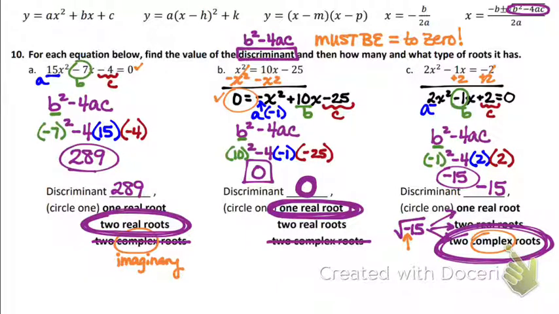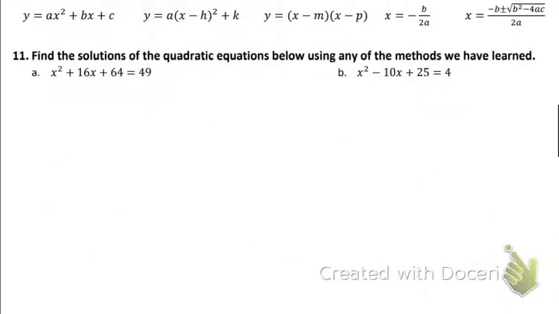Number 11. You can solve this using any of the methods that we have learned. Some of the methods that we have learned. We've done factoring. If we're going to use factoring, it's got to be equal to 0. We've done completing the square.